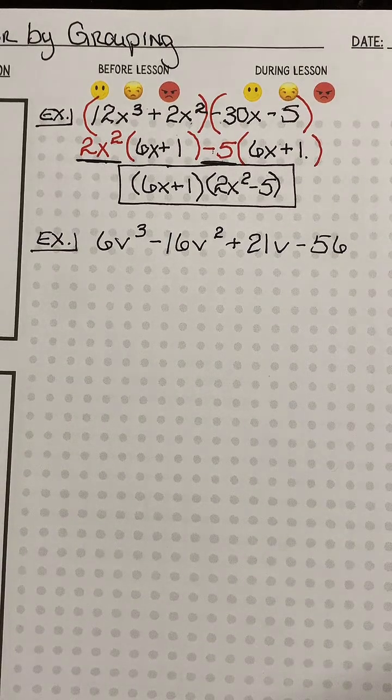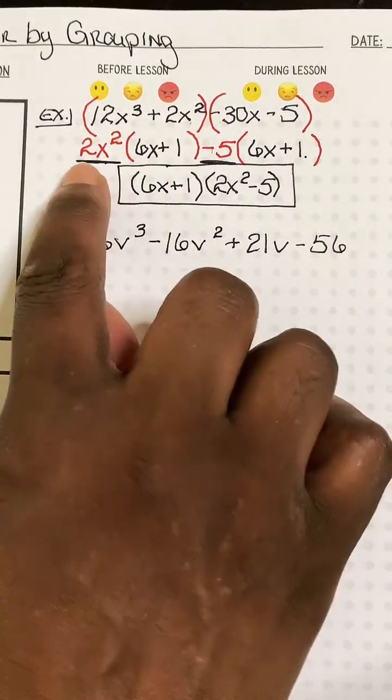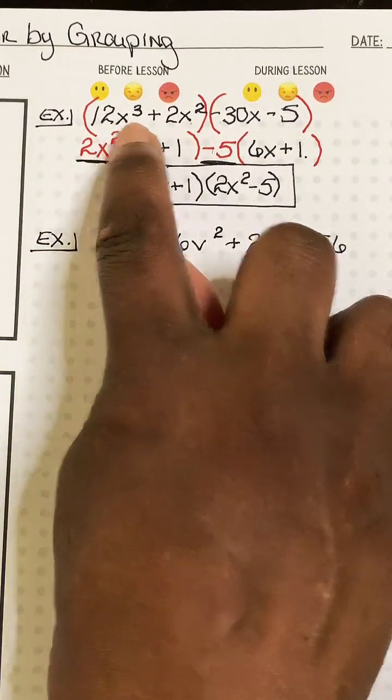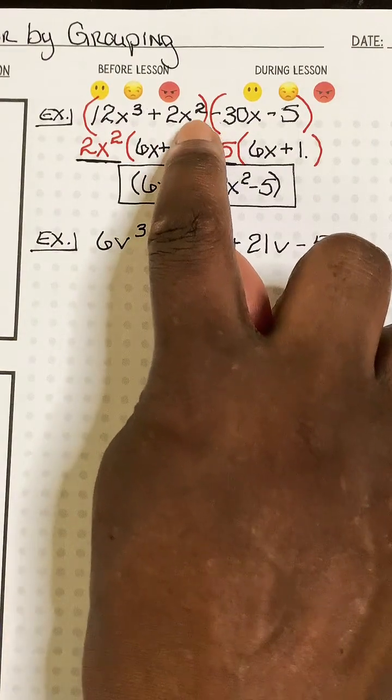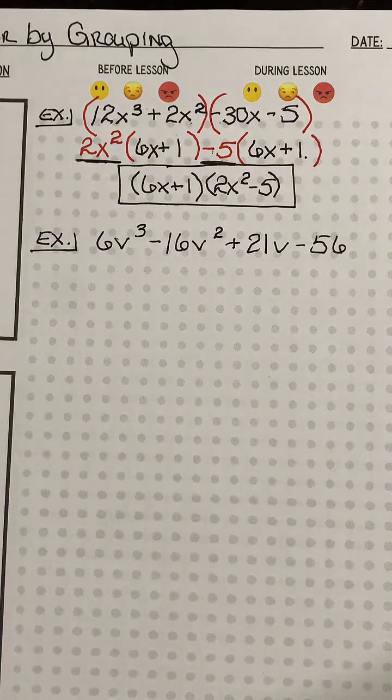Where did I get the 2x squared from in the beginning? Well, 12 and 2, what do they have in common? It's 2. X to the third, x to the second power is the lowest. So that's where x squared came from.